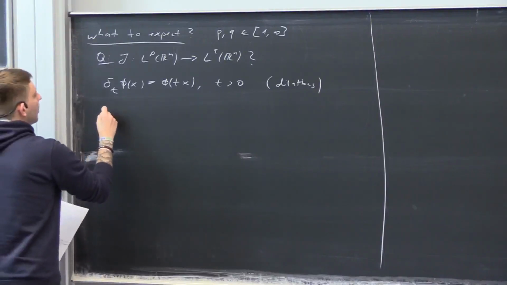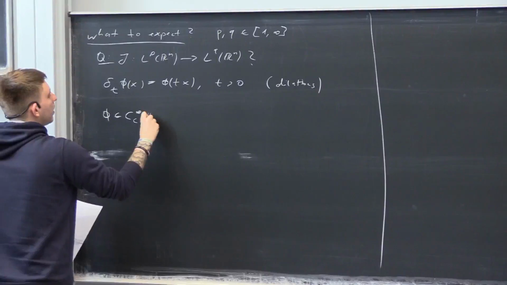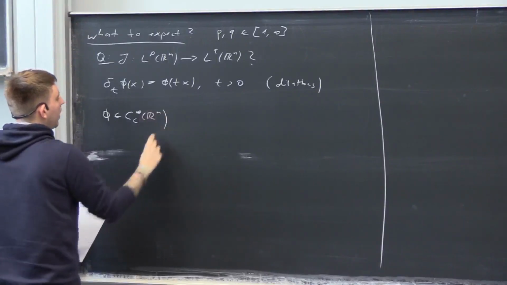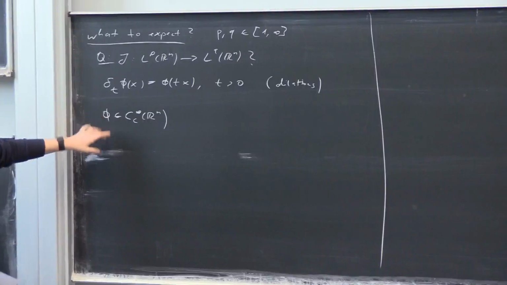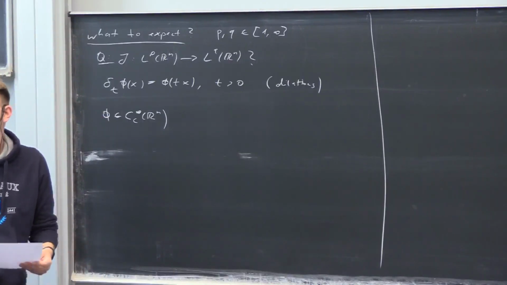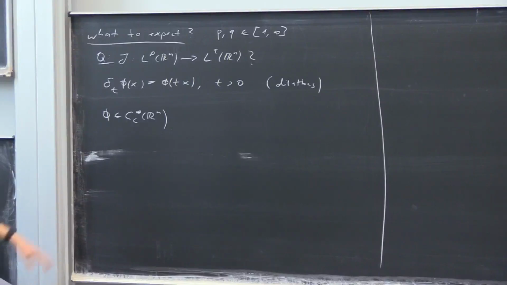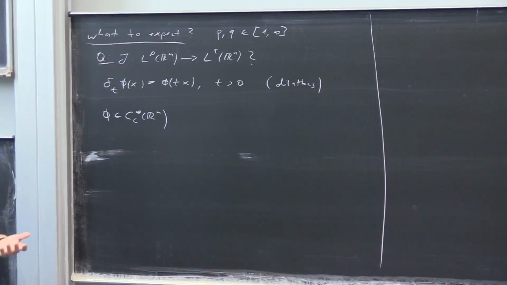We take some function phi from C_c infinity of R^n. So this function I can plug into the Riesz potential. It will give me a well-defined, meaningful value. And for dilation, I can do the same. So this is somehow a good class if I want to test the Riesz potential without knowing anything about it.